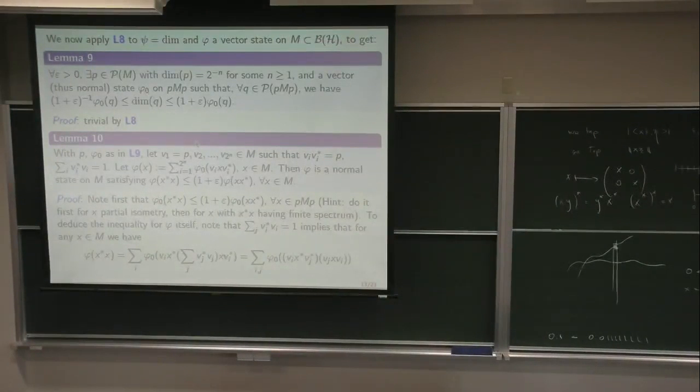You do this as an exercise. From M plus you extend to the self-adjoint part of M by taking the positive minus the negative, and then you complexify.